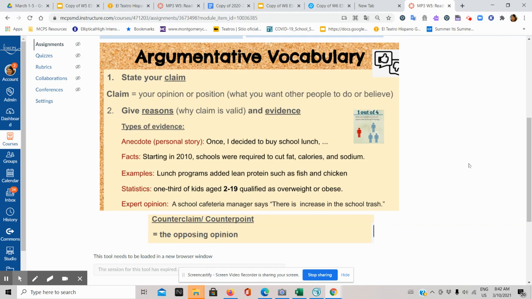Another expert opinion could be a school cafeteria manager says that the children buy lunch less often than they did when we had the fast food, or the children buy food more often than they did the fast food because their parents no longer require them to pack their lunch, for example. And that's an expert opinion.